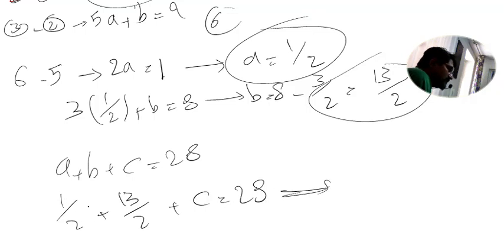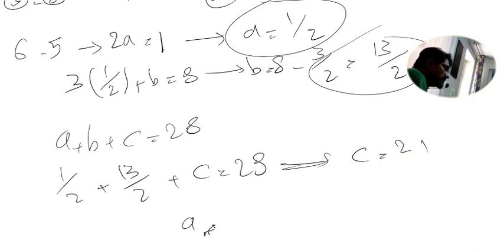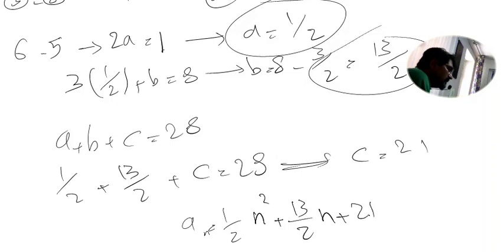So 14 over 2 is 7, c is 21. So an is equal to n² over 2 plus 13 over 2 n plus 21. Thank you for your patience.